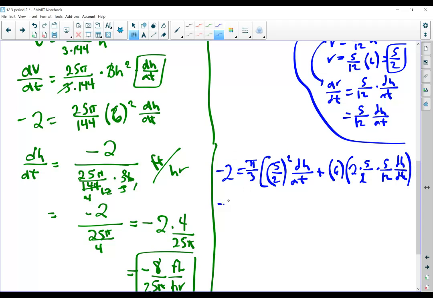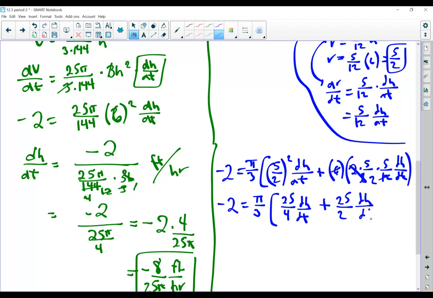And now I'm going to start cleaning this up. So -2 equals pi over 3. That gives me 25/4 dh/dt plus this one. I'm going to get 25. Let's see, these 2's would cancel, and that would leave me with 25 over 2 dh/dt.